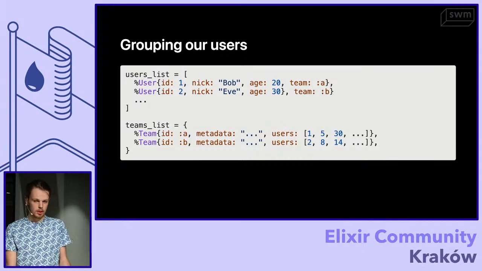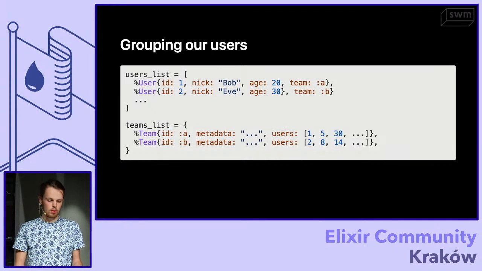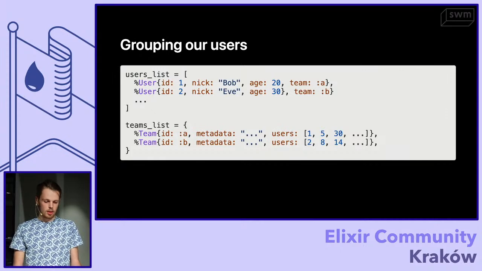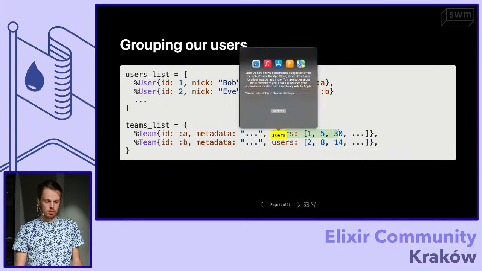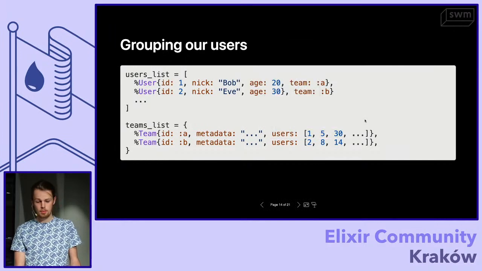The problem is similar to what we have already seen, because here is obviously a duplication. Here are the users, and here are the teams. So it's very easy to generate an inconsistent state here, so that, for example, we remove a user and we forget to remove it from this users list in a particular team.